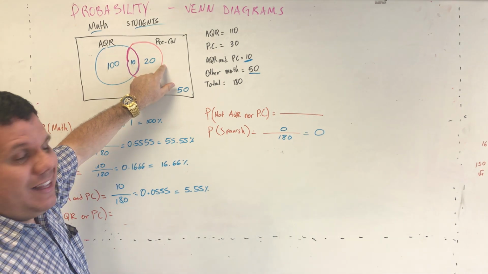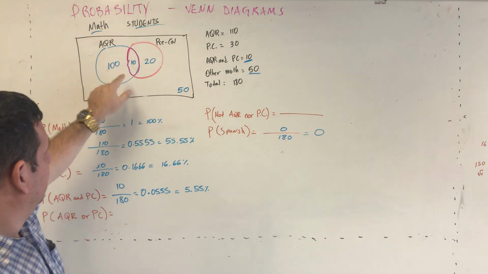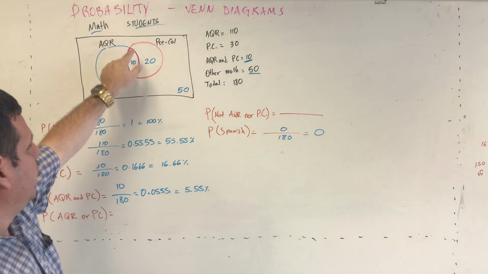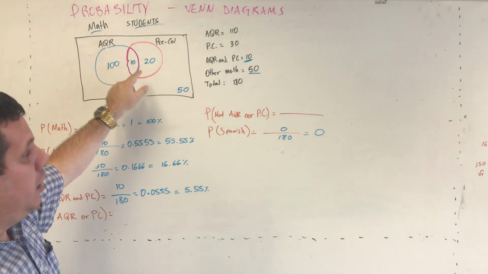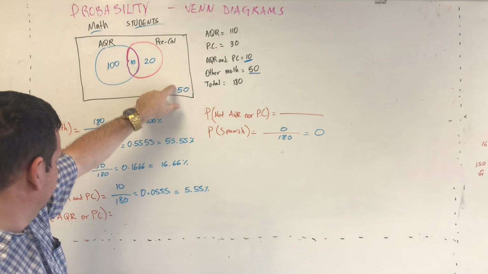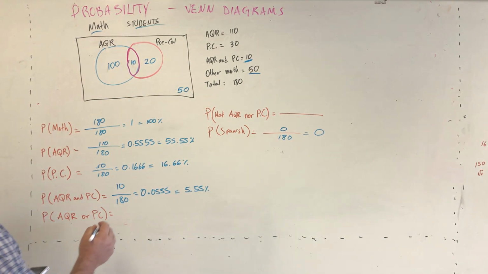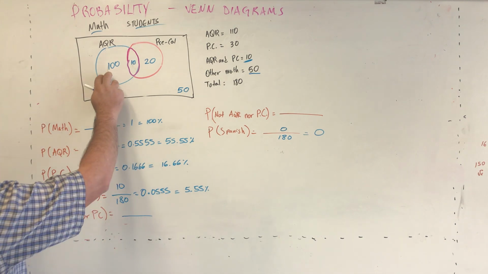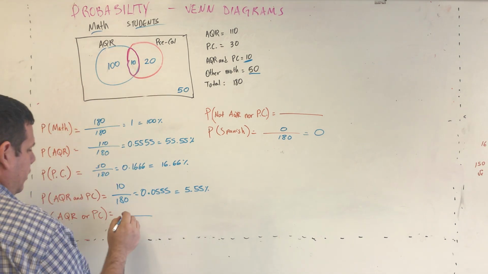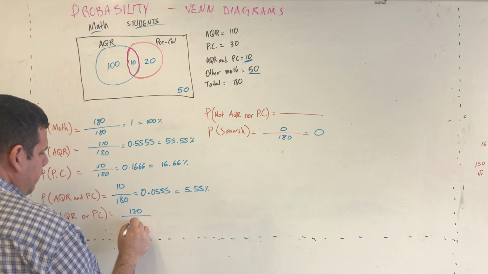Okay, students taking AQR or precalculus is just this or this. Okay, we need to exclude these students because they are taking both at the same time, and we need to exclude these students because they are not taking AQR or precalculus. Okay, so I have 100 plus 20, 120 divided by 180.